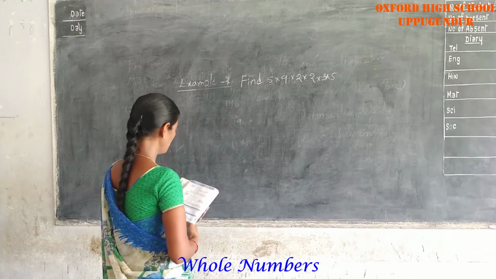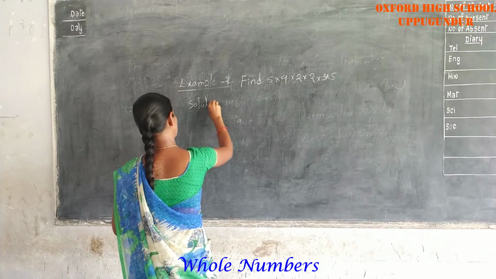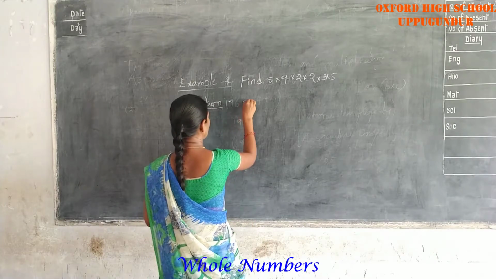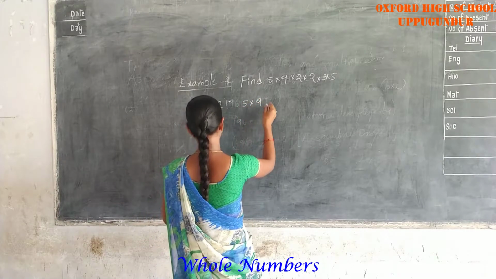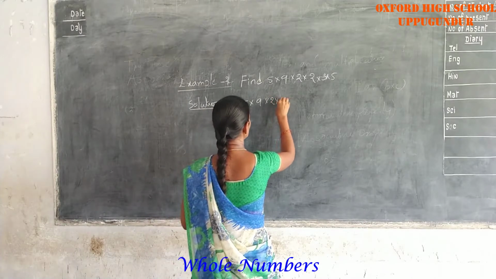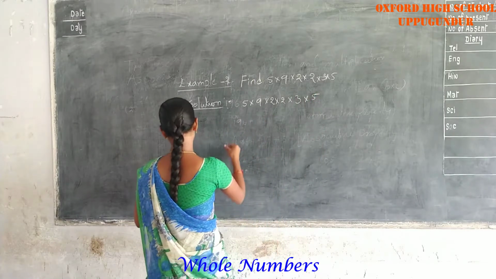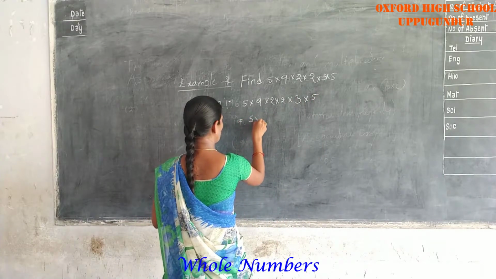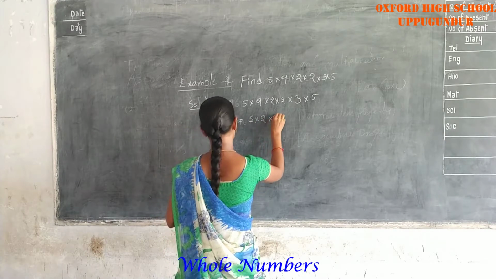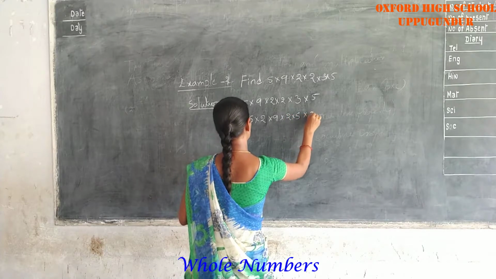Solution. 5 into 9 into 2 into 2 into 3 into 5, that is equal to 5 into 2 into 9 into 2 into 5 into 3.